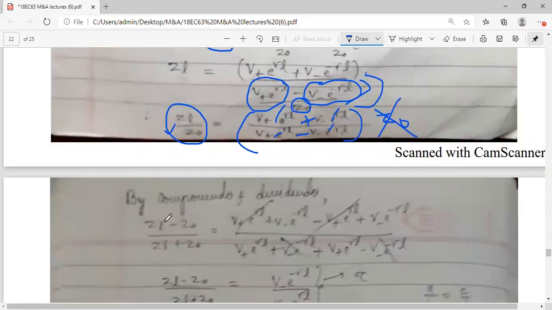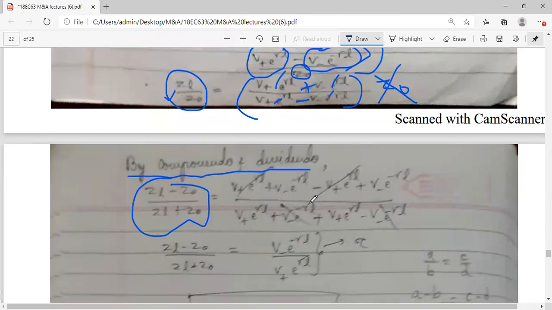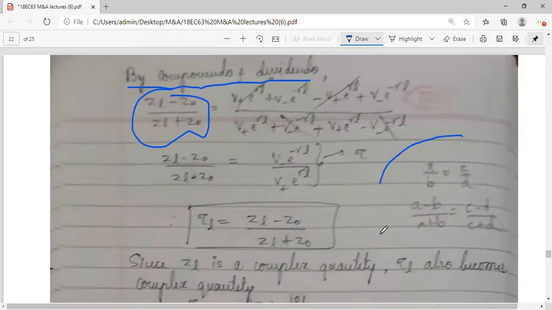Now this is the important one. How will you further solve this? In order to get the ratio, you might know from mathematics that you use the componendo and dividendo rule. So what is that rule? Here it is.